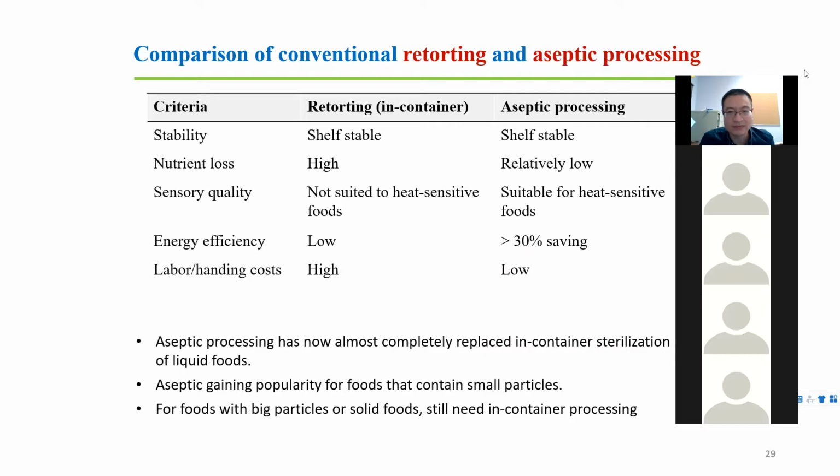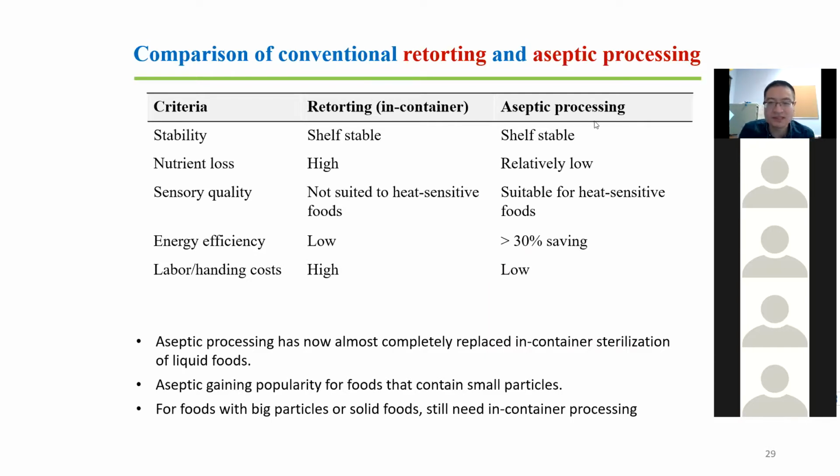So here's the comparison between the conventional retorting and aseptic retorting. Stability-wise, they are both very stable. But for nutrition loss, aseptic processing is a little bit lower because we are using a heat exchanger. Remember, with the heat exchanger, we heat up everything quickly and cool down everything quickly, right?